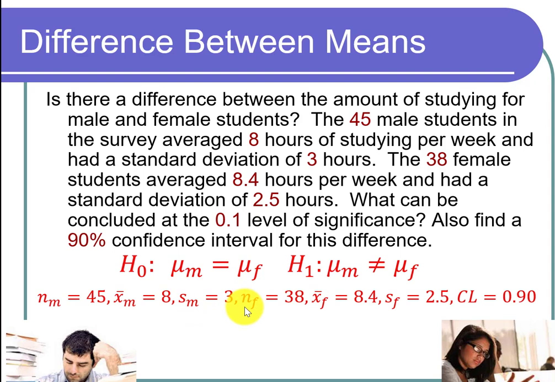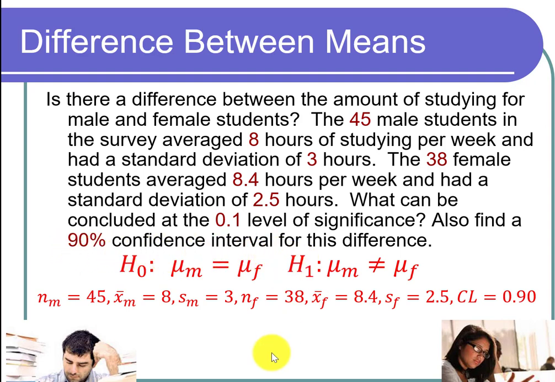For the females, there were 38 of them, so n sub f equals 38. They averaged 8.4 hours per week, so x bar sub f equals 8.4. And their standard deviation was 2.5, so s sub f equals 2.5. And the confidence level is 0.90 because we want to find a 90% confidence interval.